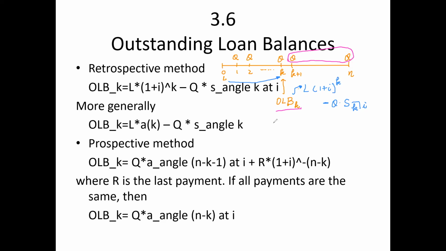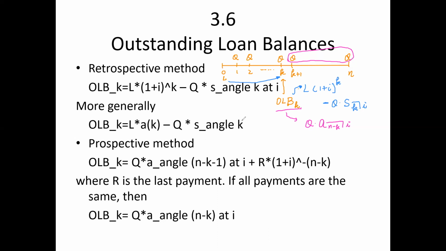So that equals Q times A sub, how many payments? You have paid K, and there are totally N payments, so N minus K, angle I. This assumes all the payments are level, they're all the same.